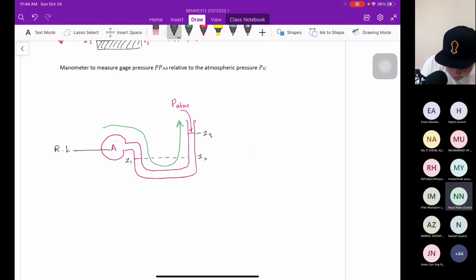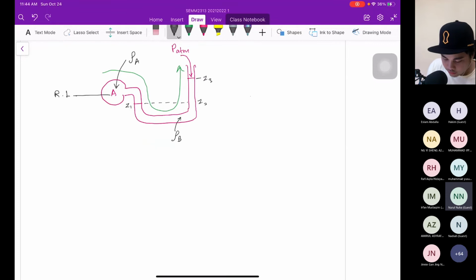Then we have the density A because of the liquid A, and then we have the density B. So how to calculate? Very simple. The first step is like this.